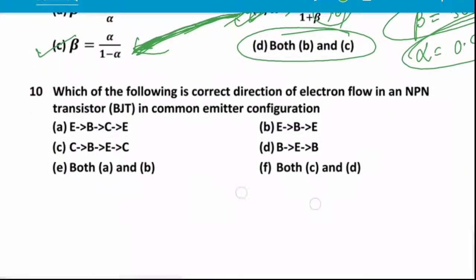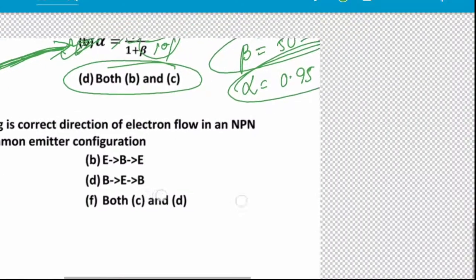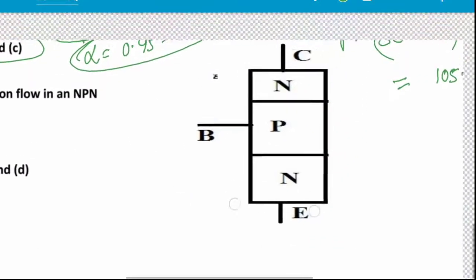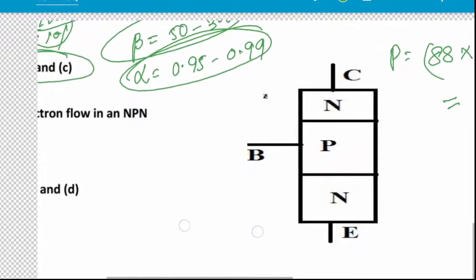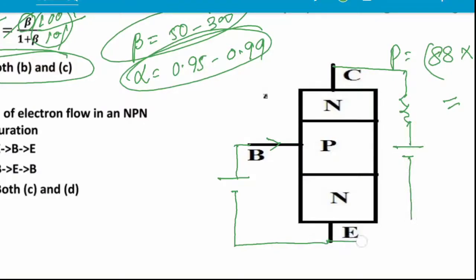Last question, which of the following is the correct direction of electron flow in an NPN transistor or BJT in common emitter configuration? So this is the transistor, and we know that the current conduction is like this when we supply a voltage like this. This one is the current conduction path.